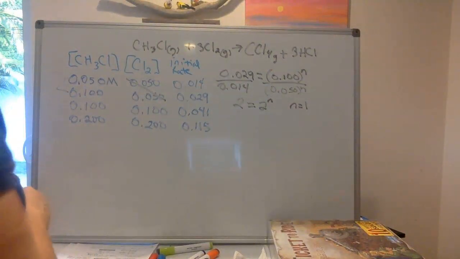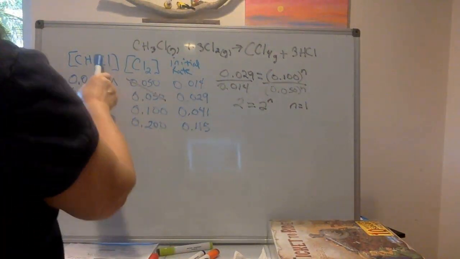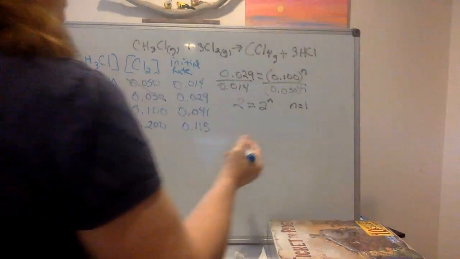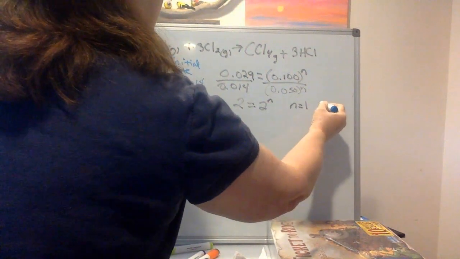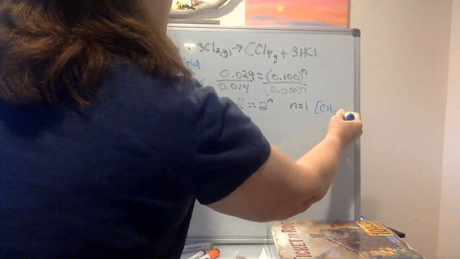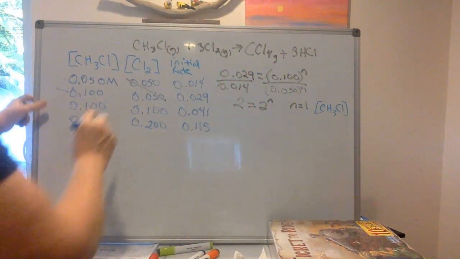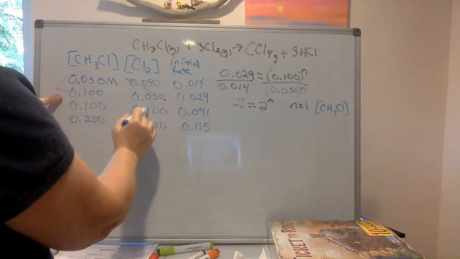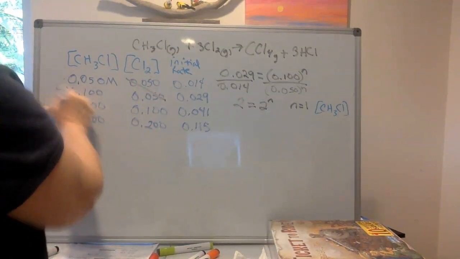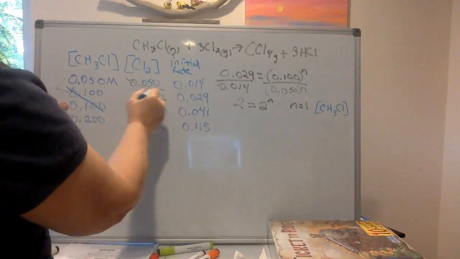Okay, so it's first order in relationship to CH3Cl. Now let's take a look at the concentration of Cl2. For this, we're going to have to hold this one constant and look at these two.